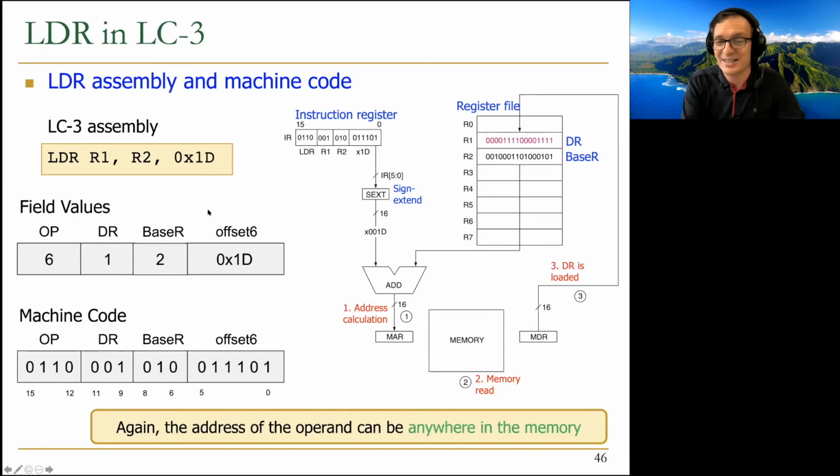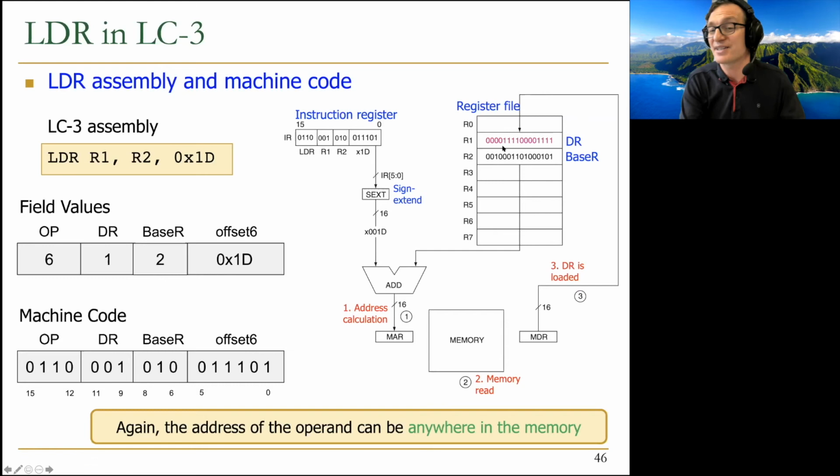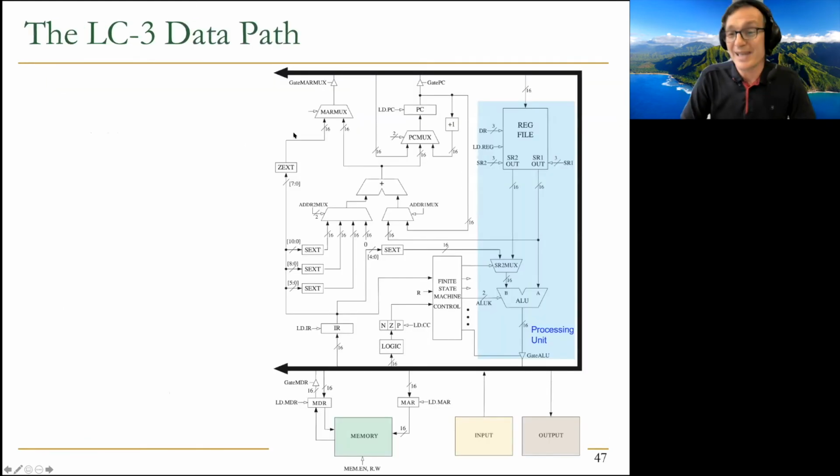But yes, if you're using base plus offset encoding, you're again limited to base register value plus 2 to the power of 6 over here, right? Or you set your base register more accordingly, right? But there's no limitation in terms of which address in the memory that you can address with the base plus offset addressing mode.